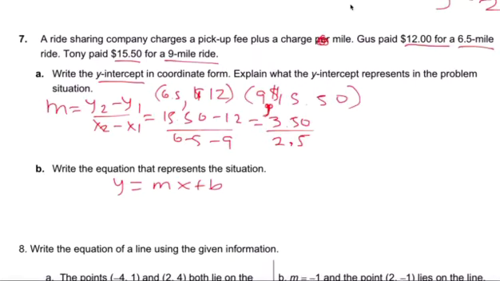Right, yeah, negative. No, I did this wrong. 9 minus 6.5, that's a positive. Okay, 3.50 divided by 2.5, you get 1.4.